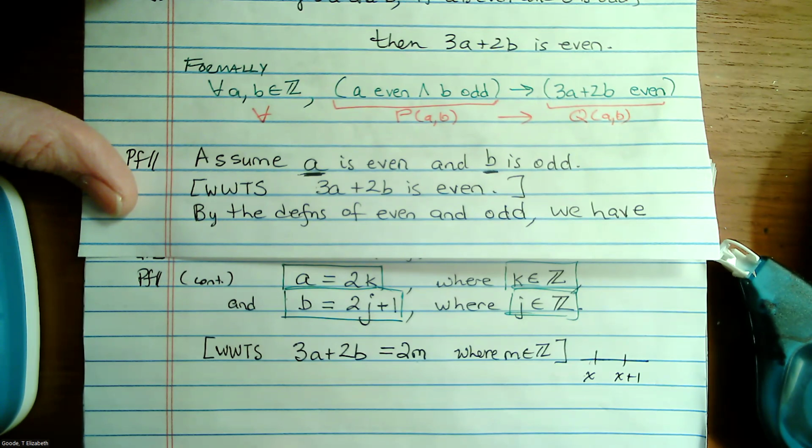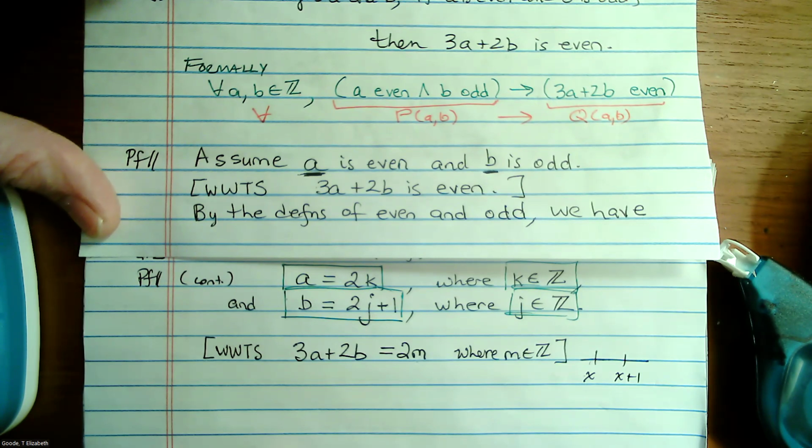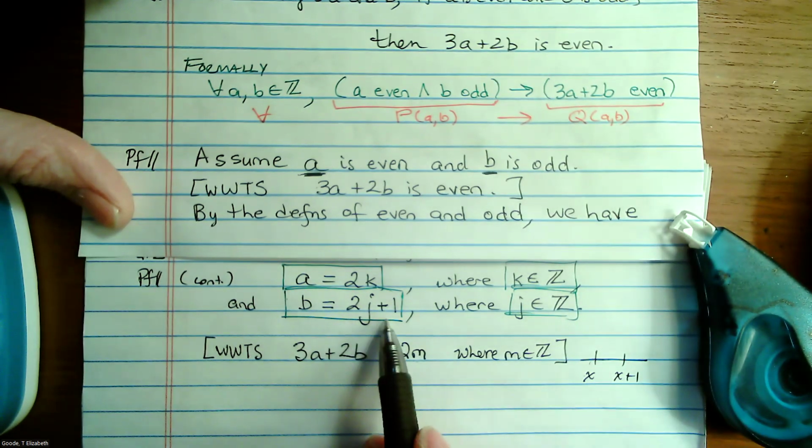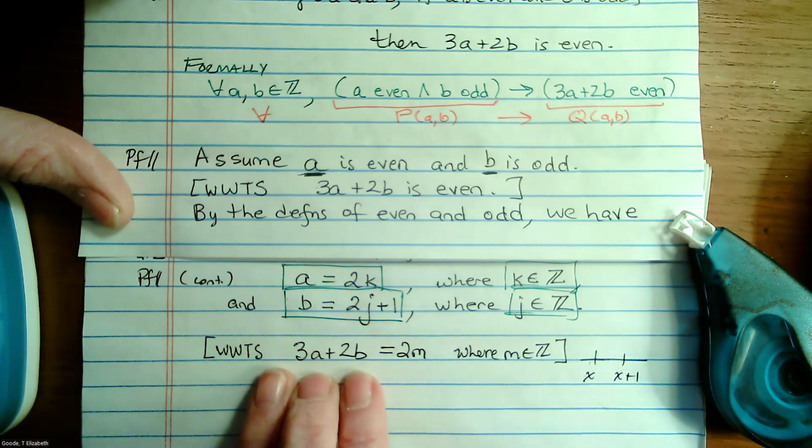So, we state our definitions right out of our hypothesis. So we define A and we define B, what it means to be even and odd. Now we can move on to express how this applies to our conclusion. That's right.